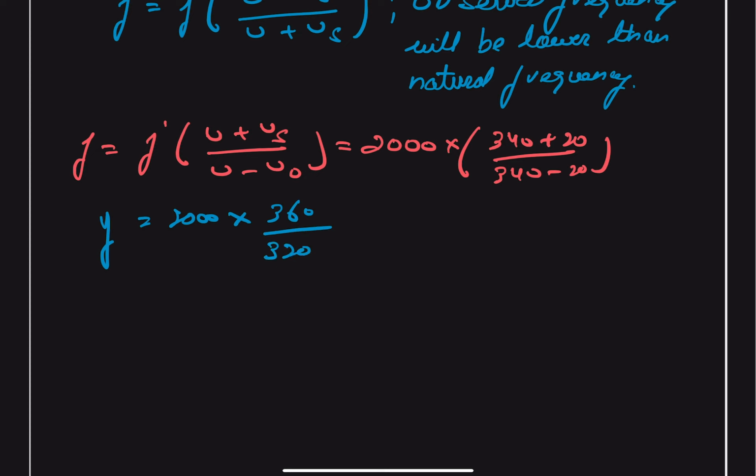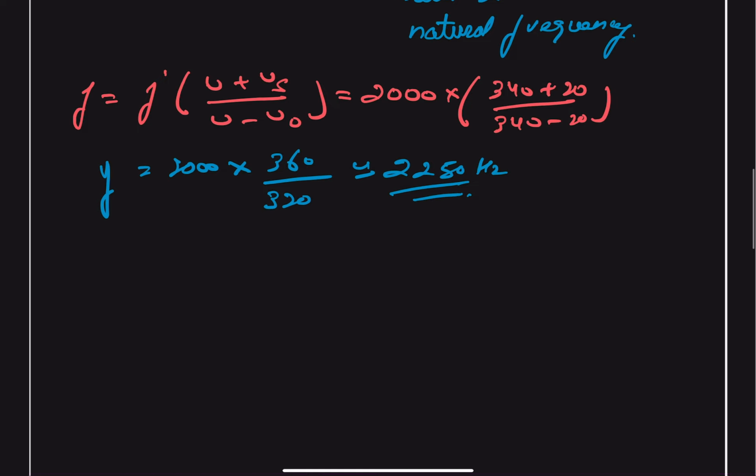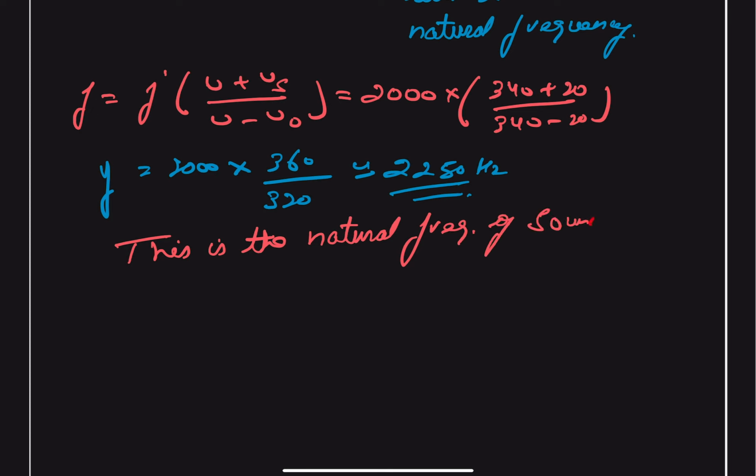So approximately it will be equal to 2250 hertz. So this is the natural frequency of sound of car B.